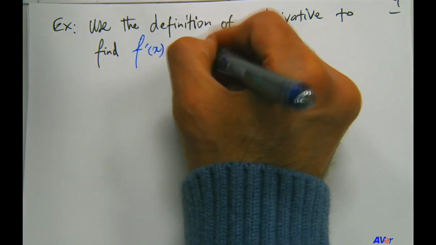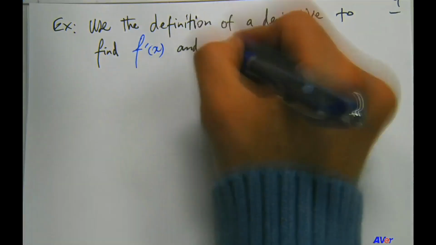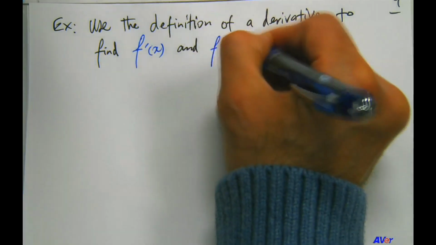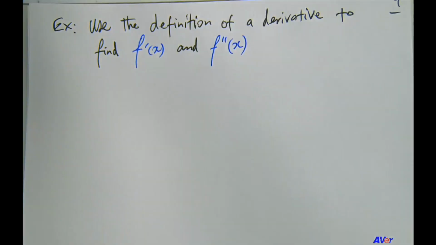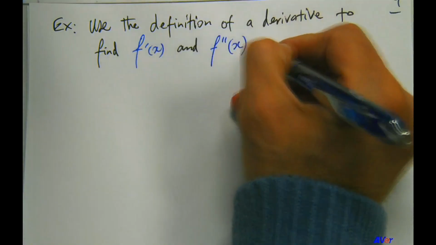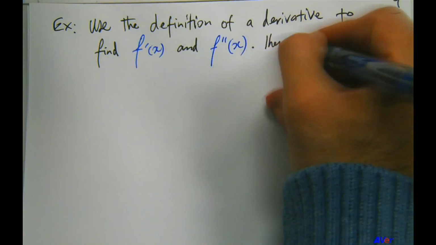And guess what? We'll have to find the second derivative as well. So f double prime of x. And then we have more work to do.